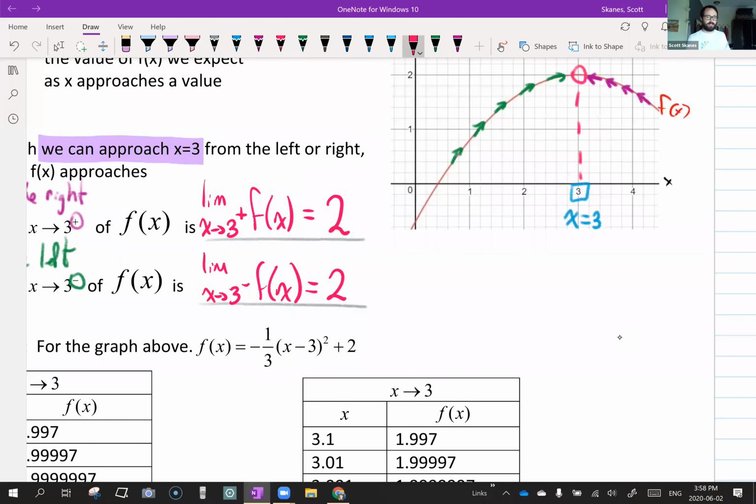Now this might seem silly, but it is very important for what's coming up later, okay? If both of these are true and they're both equal, it means the limit of the function, or in other words, the y value that we approach when we're trying to get close to this x value, is 2.